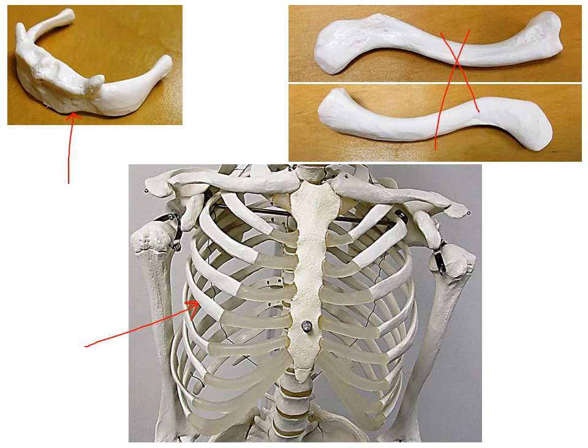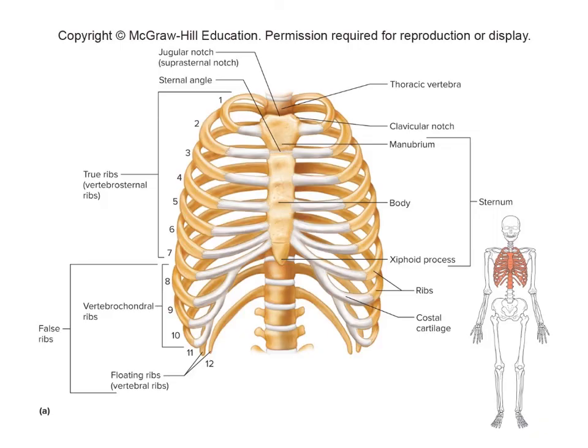Now, I want to go back to the thoracic cage, and on this one, I'm going to use the picture that we have. So this is the picture from the textbook. So we have 12 pair of ribs, and they come around, and most of them join this thing called the sternum.